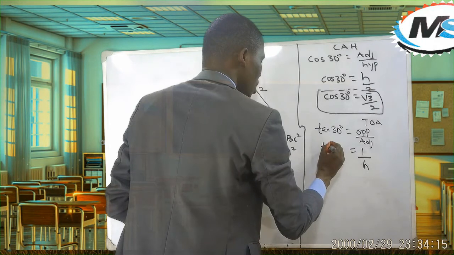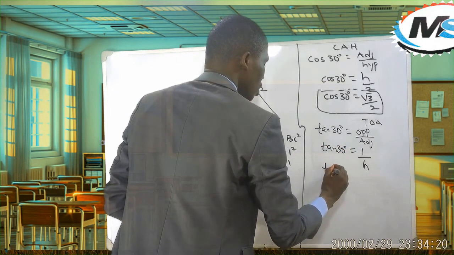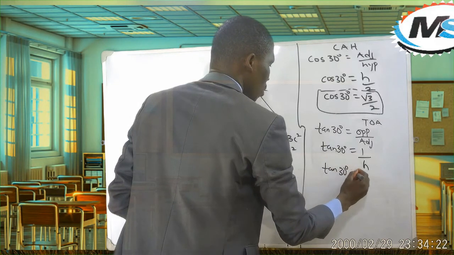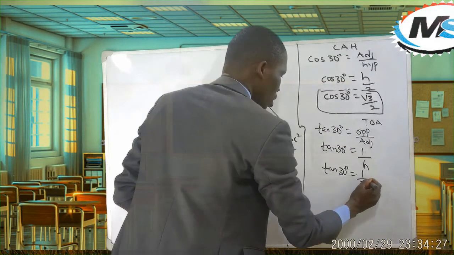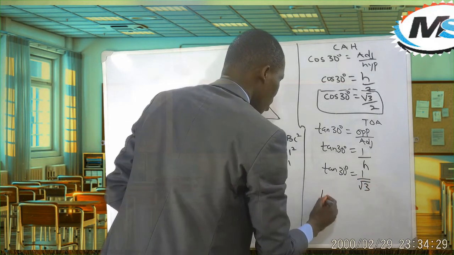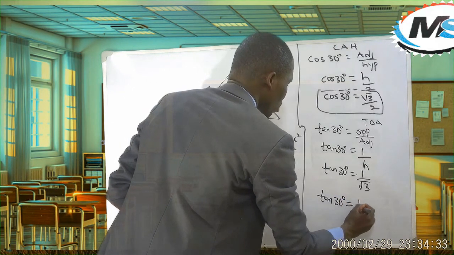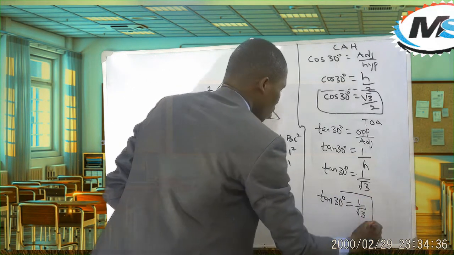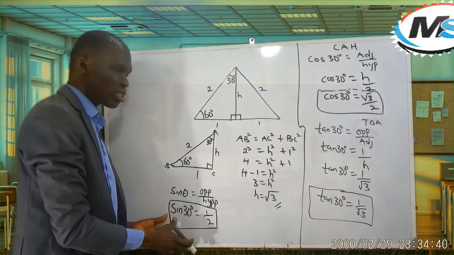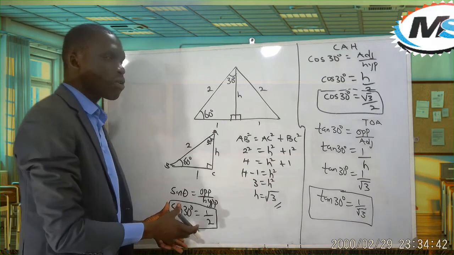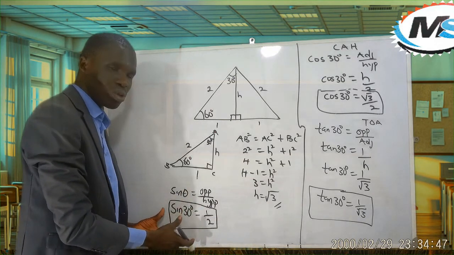So tan 30 degree will give us 1 all over h, and h is root 3. So tan 30 degree equals 1 all over root 3. Now, you might not understand the reason why we are solving this. By the time I give you one example, you will realize the importance of knowing this.